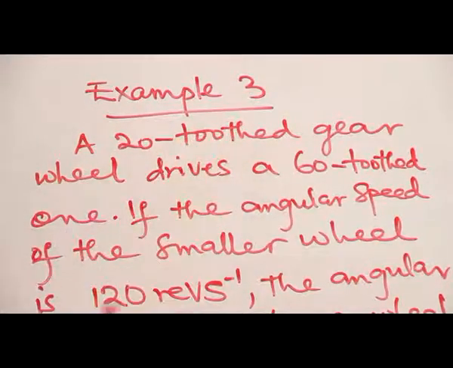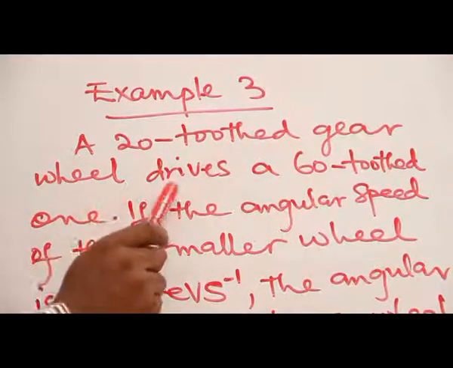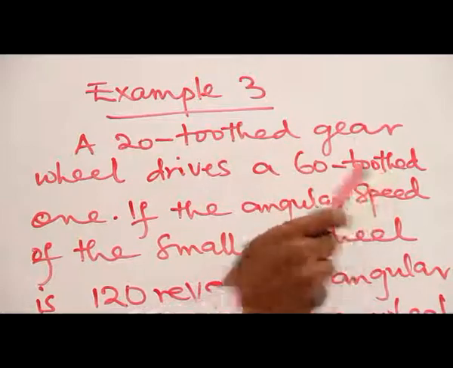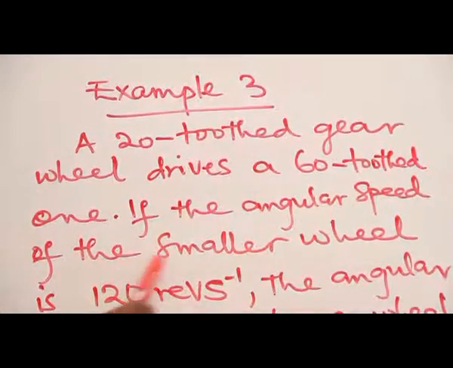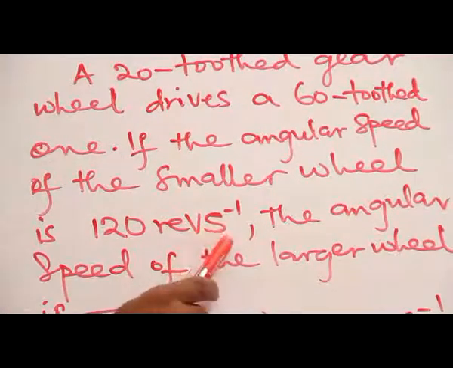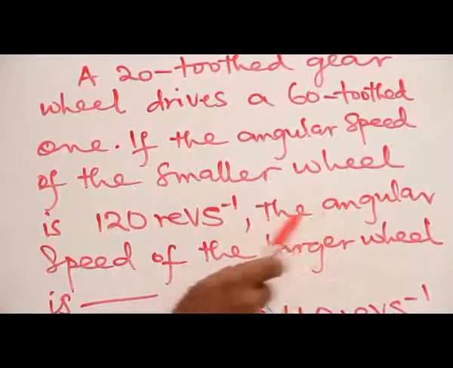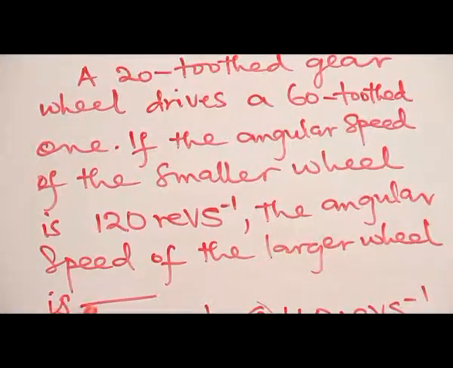Example 3. A 20-tooth gear wheel drives a 60-tooth one. If the angular speed of the smaller wheel is 120 revolutions per second, the angular speed of the larger wheel is dash.